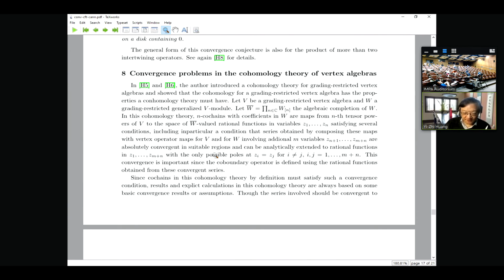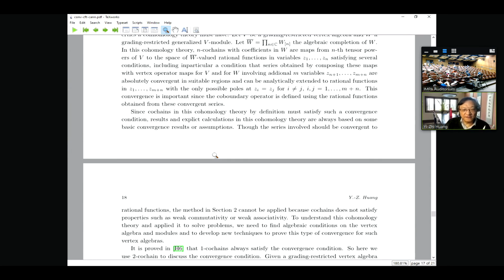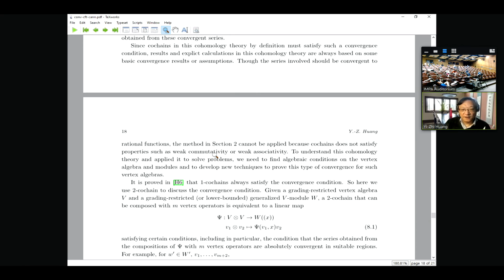Then the main thing is the following: the cochain. For many years people had difficulty constructing the cohomology theory. There were a lot of attempts and even papers, but unfortunately these are not the correct cohomology for vertex algebras. The reason is this. Usually, how do you construct a cohomology theory?